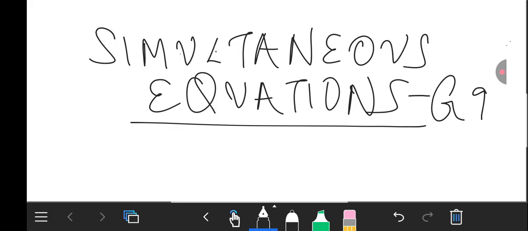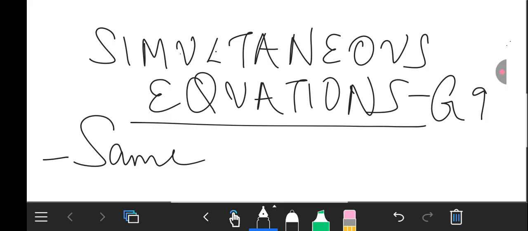So, what are simultaneous equations? Simultaneous equations are equations that need to be solved at the same time. Simultaneous means same time. So, we have an equation which is just an open statement with an equal sign, okay?